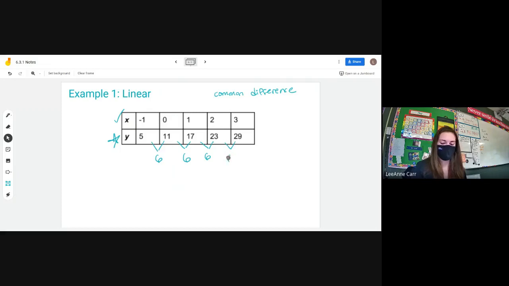And our very last set of terms, we will also get 6. Once I see that we have the same number all the way through all of my Y values, I can identify for sure that this is a linear function. I'll pause for just 1 second in case you were writing this down.